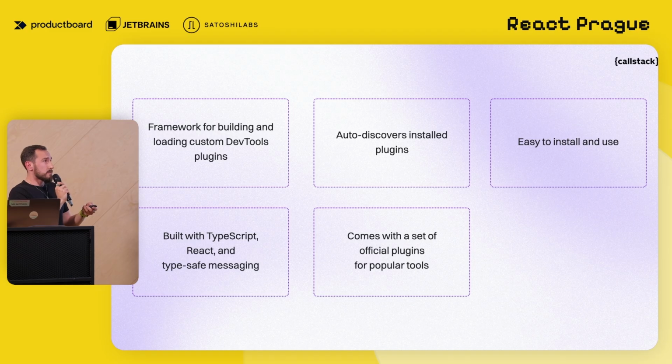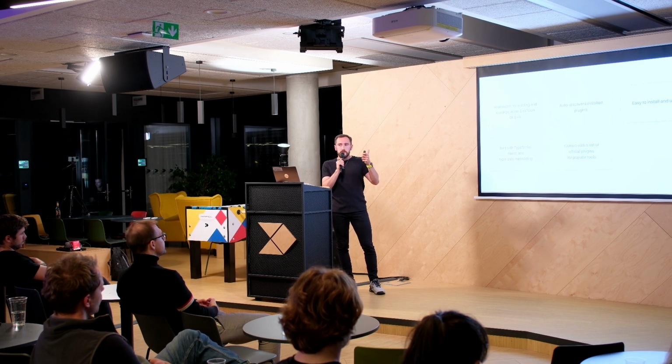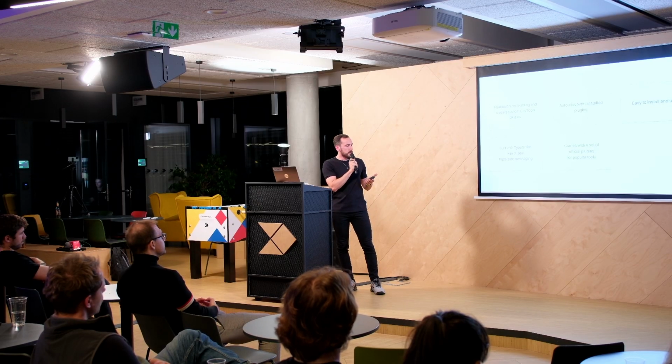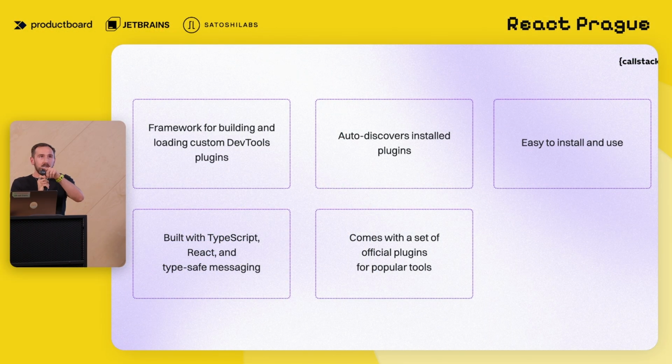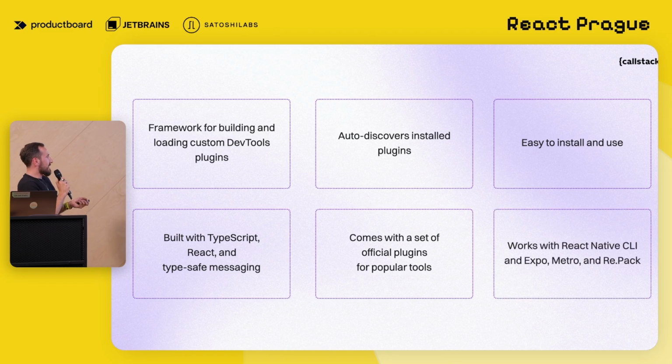There's also a React Navigation plugin, which is a super fresh one, and another one which I have trouble pronouncing for some reason. It works with React Native CLI, with Expo, with Metro, with Repack, whatever you use.